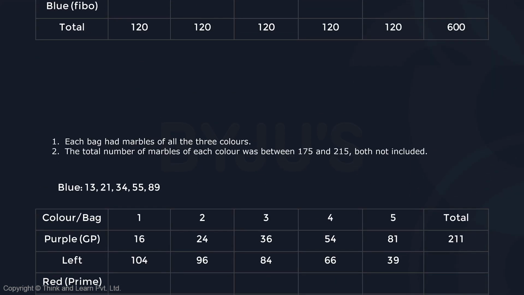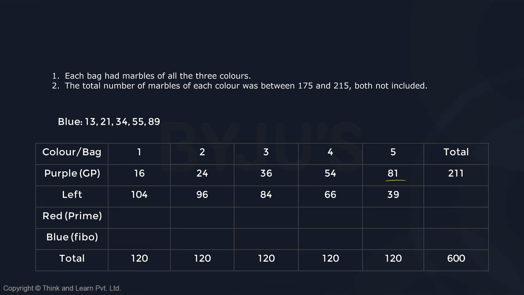Alright, moving on. If you subtract these numbers from 120, you will get this left, right? Now, blue marble must be from these numbers, right? And the leftover part should be a prime number. So look for that. Always look for the smaller number first of all. 39 if you want sum. So if you take 13, the remaining is 26, not a prime number.